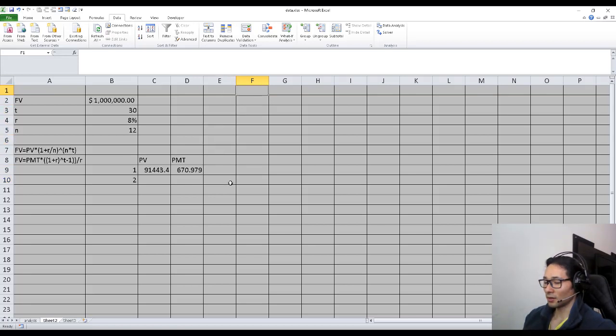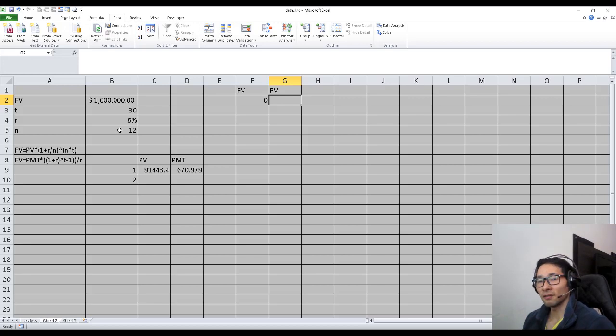So here I will have FV and PV. FV equals PV times (1 plus R divided by N) to the power of T times N. And there you go, I have 0 here because my PV is 0.